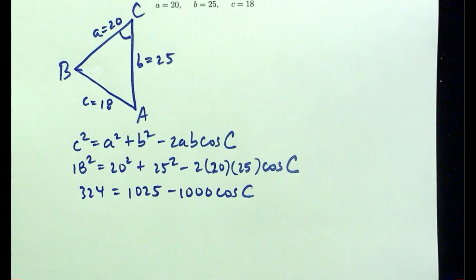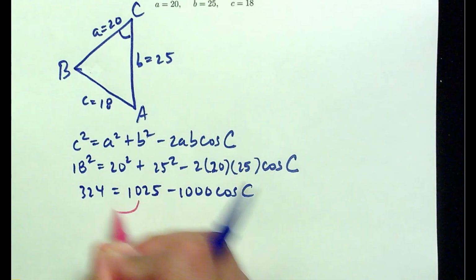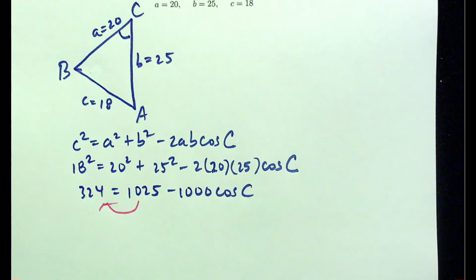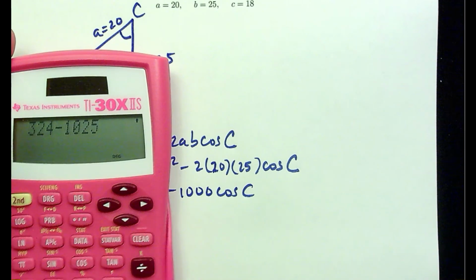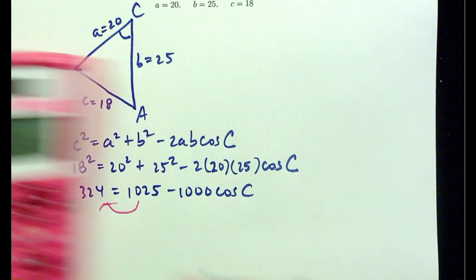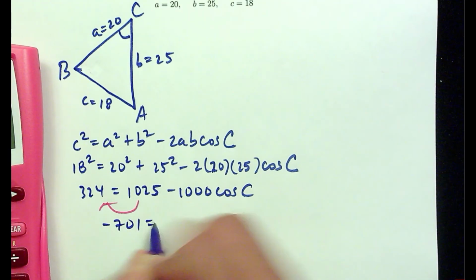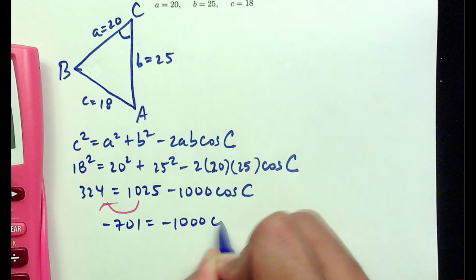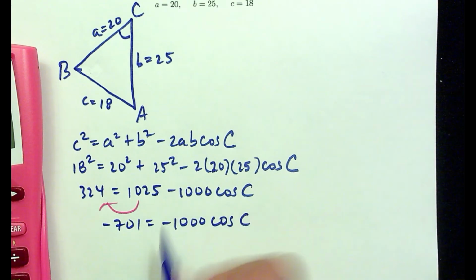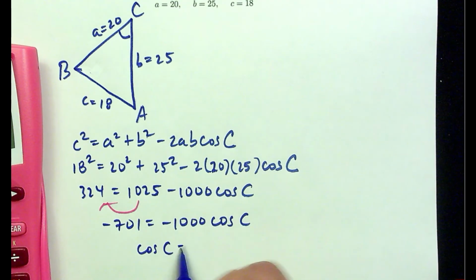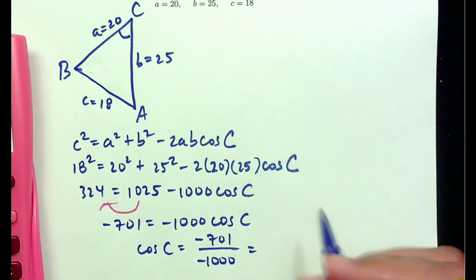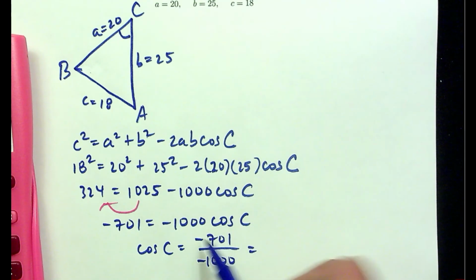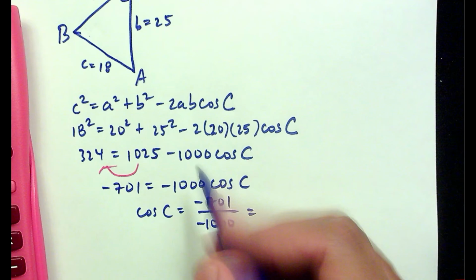Now move this to the other side and subtract. So 324 minus 1025 is negative 701, equals negative 1000 times cosine of C. Cosine of C would be negative 701 divided by negative 1000, which, now the negatives would cancel.